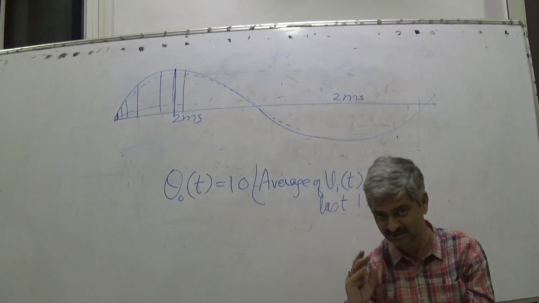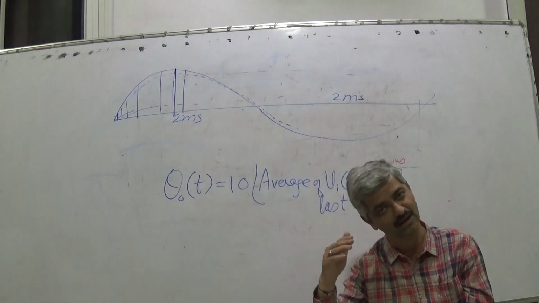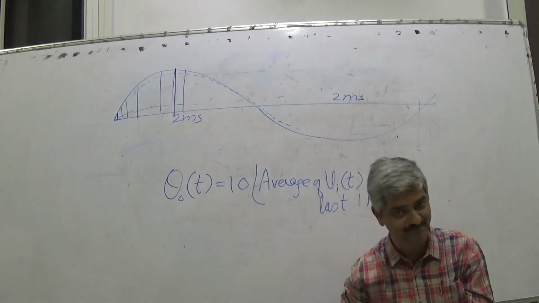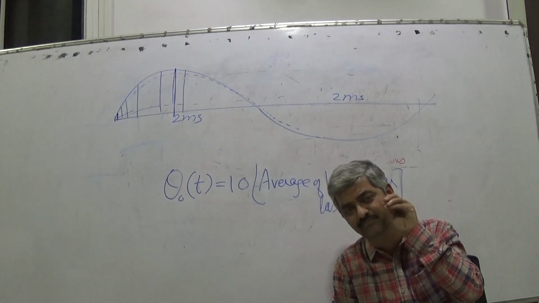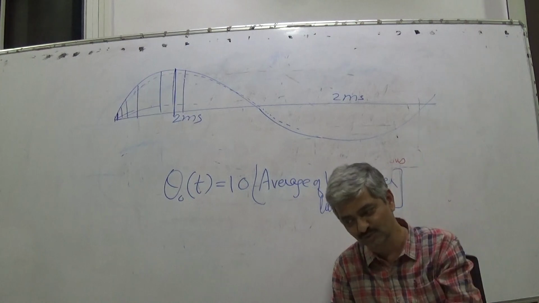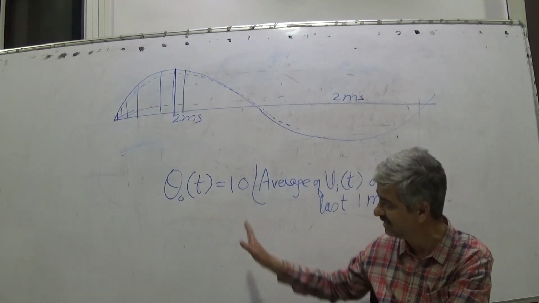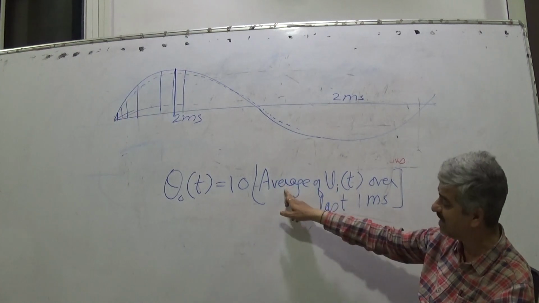Right now I am just giving you an introduction, and in the next lectures to come we will deal with it. I am just giving you glimpses, just touching the issue. The output is 10 times the average of V in T, but it is not a plain average.